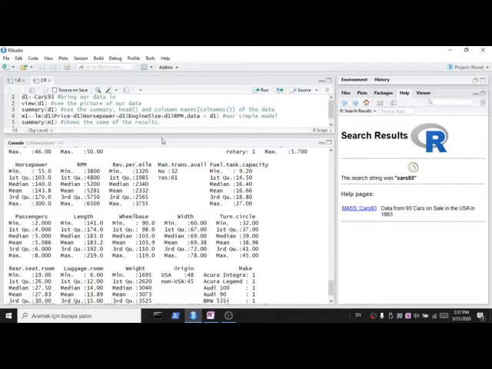I have made a linear model. In this linear model, the price of a car is dependent on its horsepower.